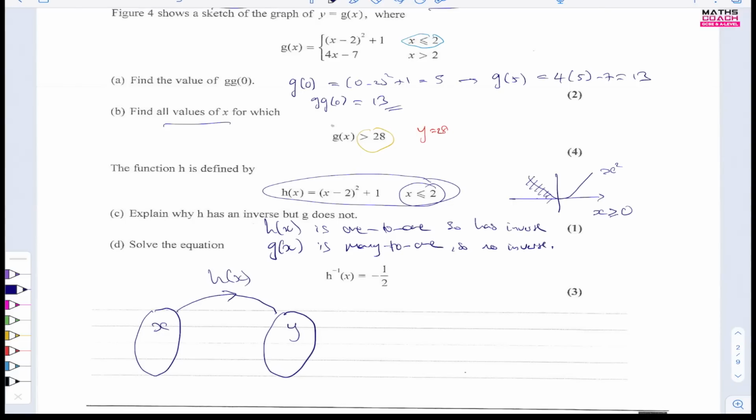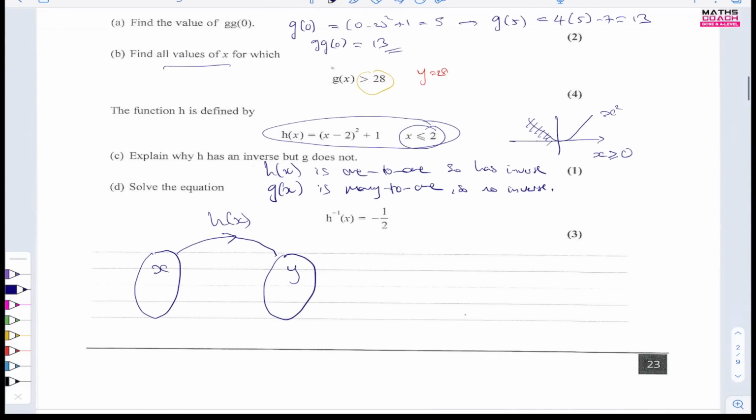Function h takes the x value and changes it into the y value, whereas the h inverse function's job is to take the y value from the range and give you back the x value in the domain. If we're told that h inverse of x equals minus a half, it means the output of the inverse function is minus a half.